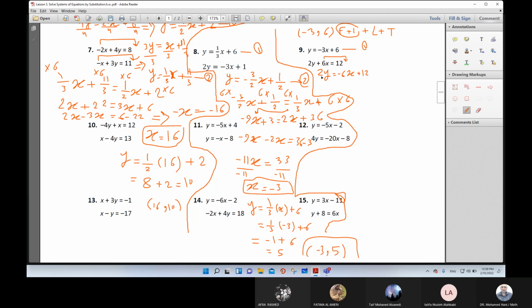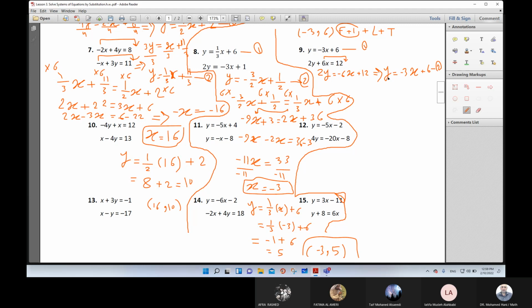Divide the two sides by 2. So 2y divided by 2 will be y, and negative 6 divided by 2 will be negative 3x. 12 divided by 2 will be 6. So this is the second equation.